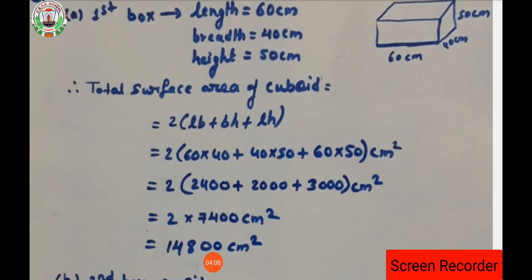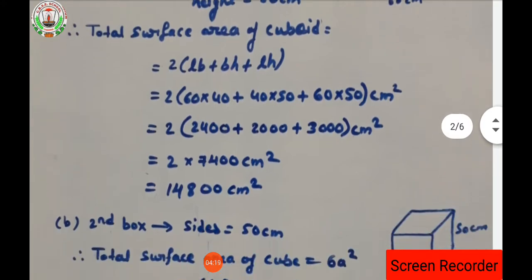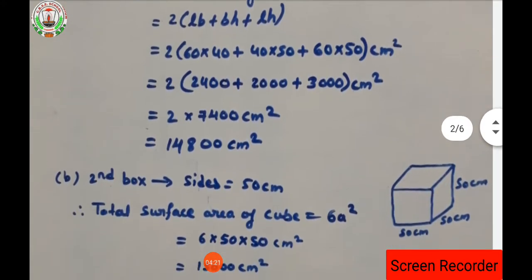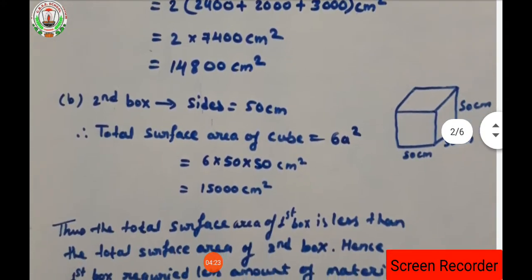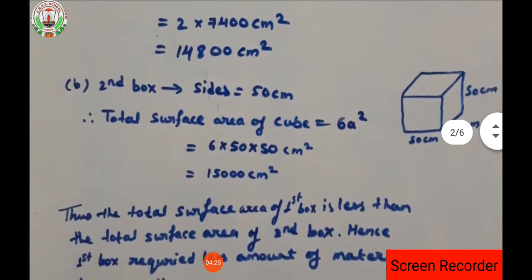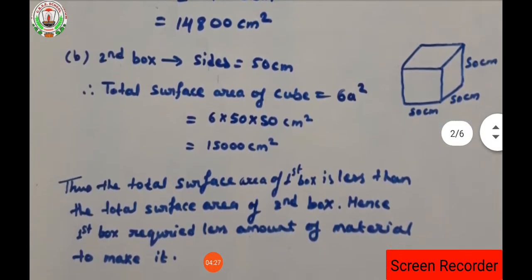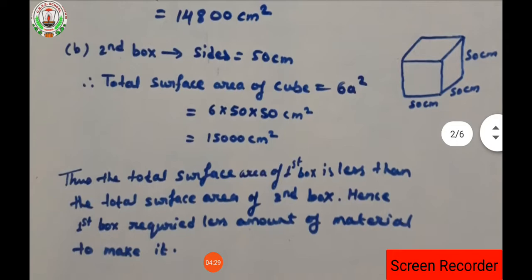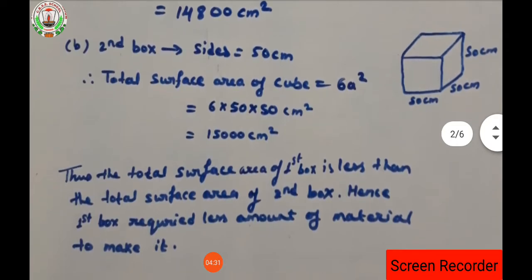Then multiplying with the 2 that comes from the formula, that is 2 into 7400 centimeter square. While multiplying with 2, we will get 14,800 centimeter square. So the surface area of the first box is 14,800 centimeter square. In the same way, we are going to find the surface area of the second box by using the formula.